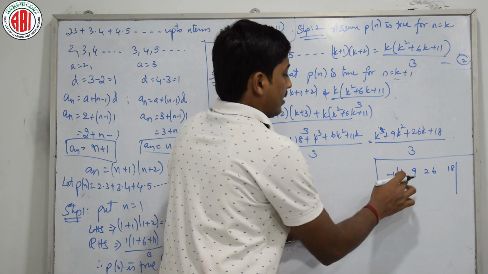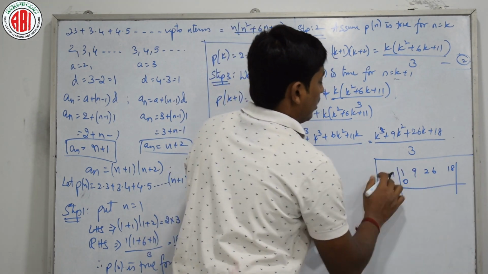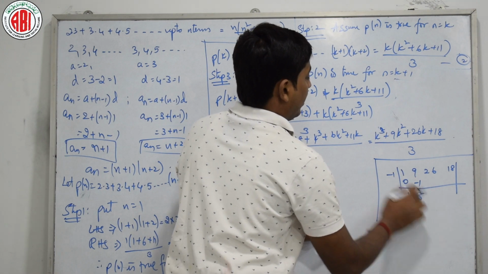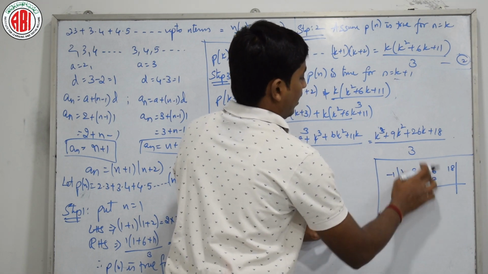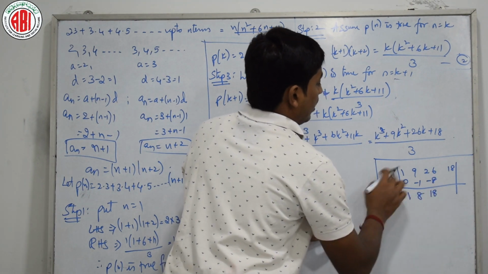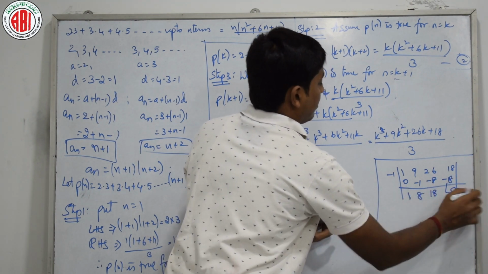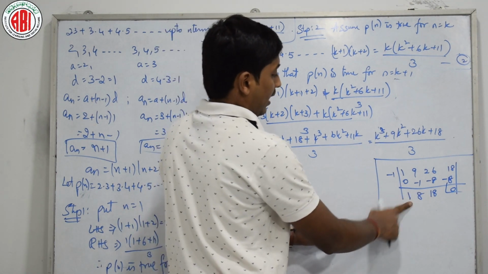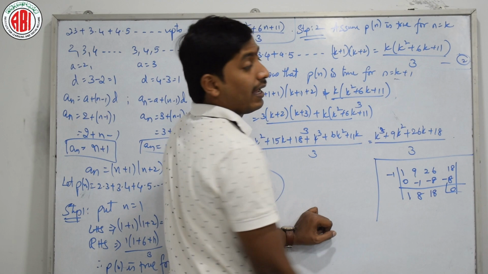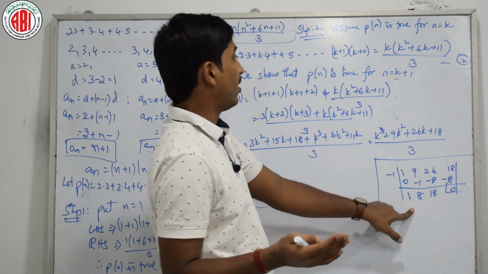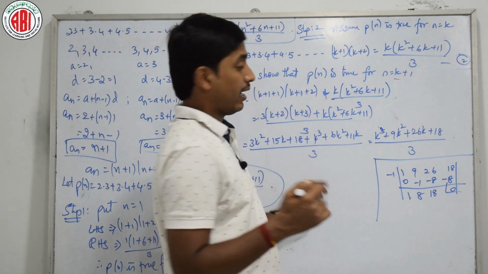Just write 0 under this one. 1 plus 0 is 1, 1 into minus 1 is minus 1, 9 minus 1 is 8, 8 into minus 1 is minus 8, 26 minus 8 is, how much is it? 18, 18 into minus 1 is minus 18, 0, right? Whatever we got is x square plus 8x plus 18, right? Can we solve this? Just check whether we can solve this or else we can directly write it there.